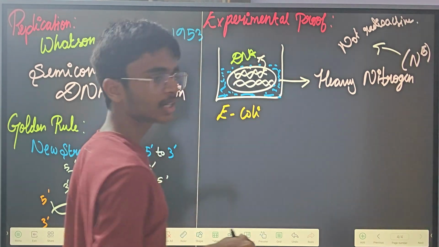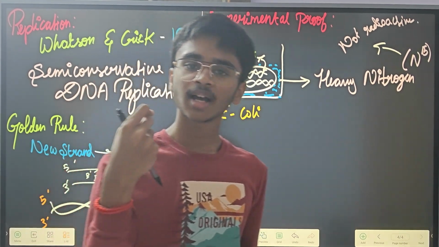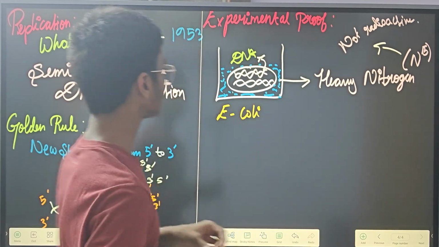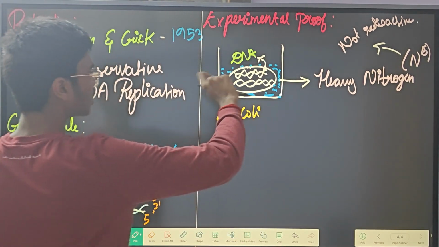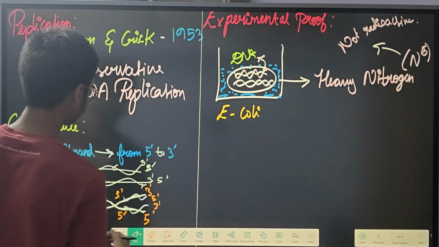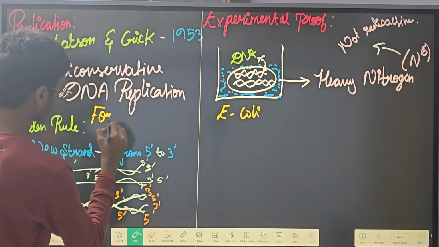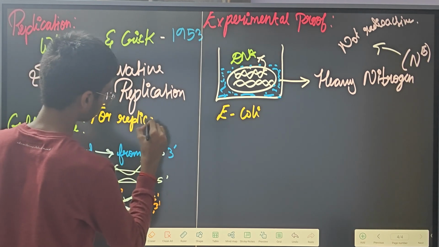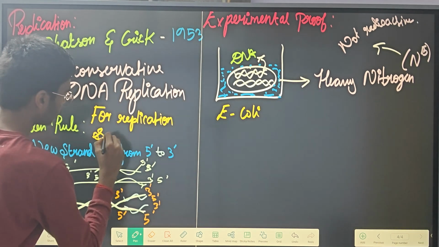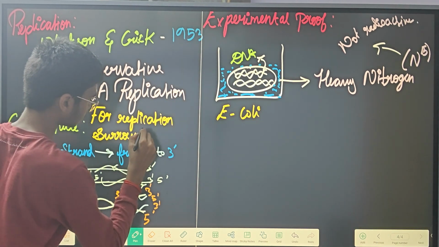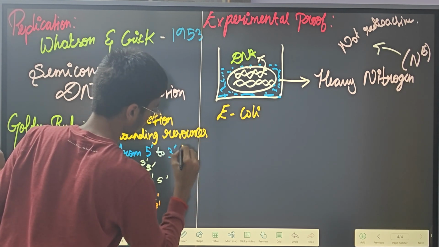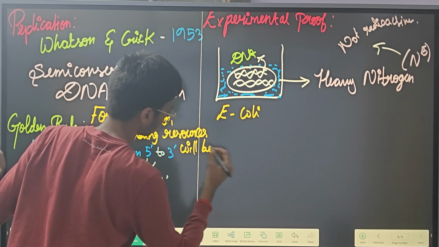So this has heavy nitrogen in it, and we know that any DNA has nitrogen bases in it, right? It has some other portions also. So this one is going to replicate. Note this one point here: for replication, surrounding resources will be used.